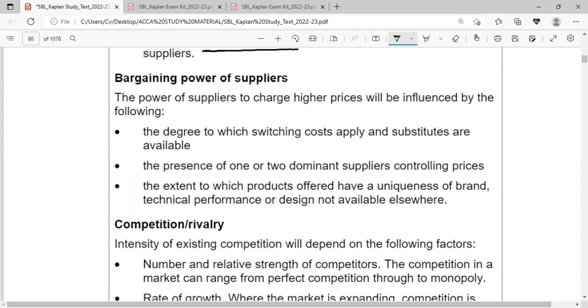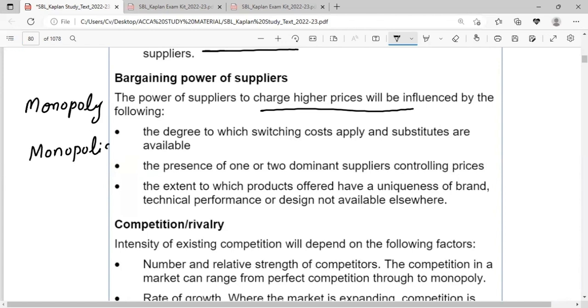If suppliers are in large quantity, then definitely it will weaken their power. The power of the supplier to charge higher prices will be influenced by what? When a supplier is a monopoly, or suppose there are a few large sellers working in monopolistic competition, rather than giving any price benefit to the consumers, they become a cartel.